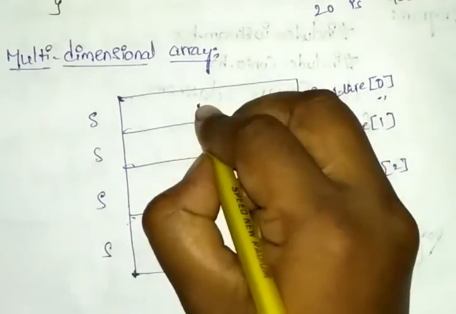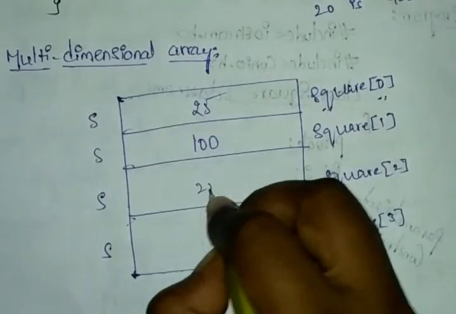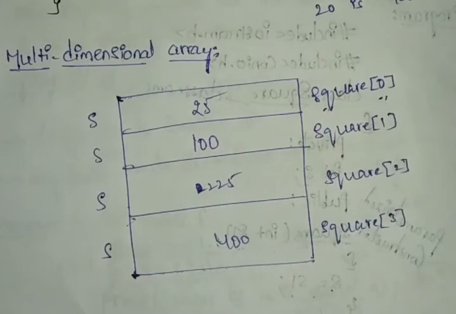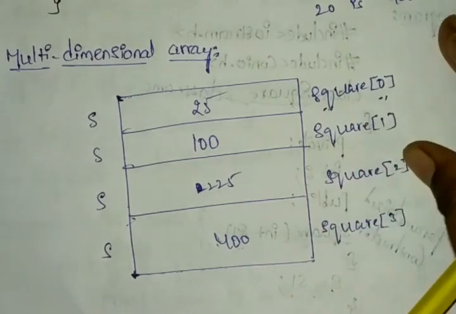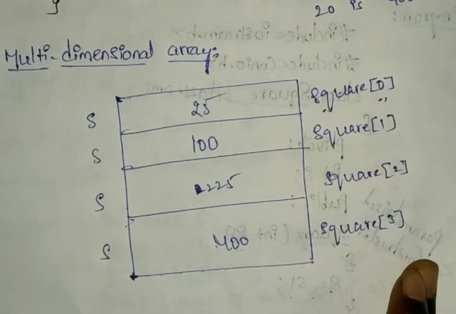So that is our value 25, and 100, and 225, sorry, 225, and 400. The values whatever you got in memory can be stored in our array format like this. We can also declare like this, that is the program. And whatever you got in the program, I declared in the form of this.